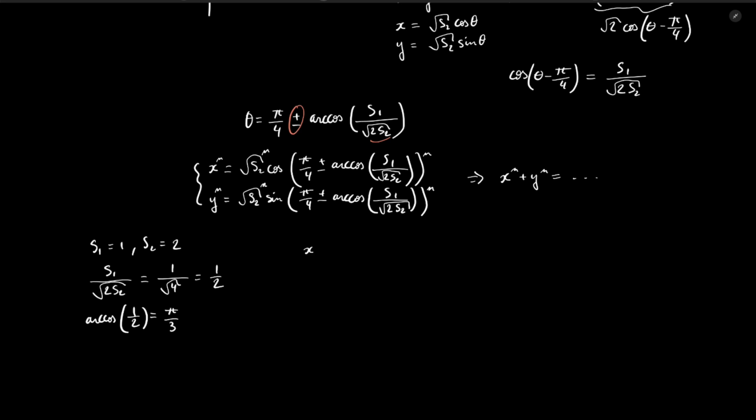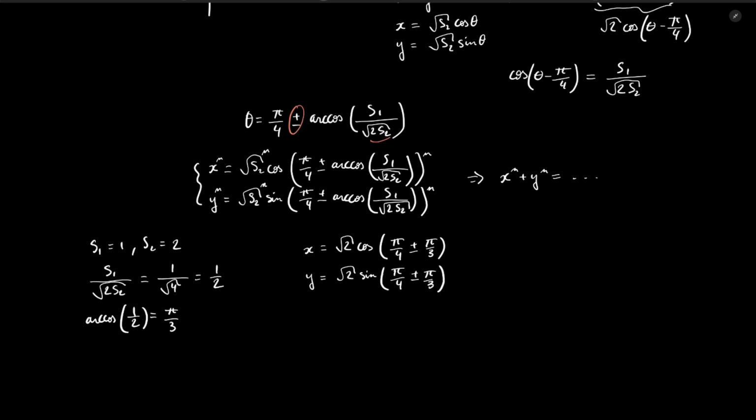So we have x equal to the square root of 2 cosine of pi over 4 plus or minus pi over 3, and y equal to the square root of 2 sine of pi over 4 plus or minus pi over 3.